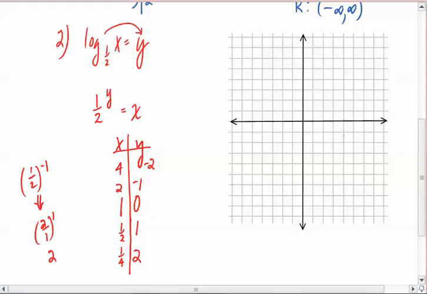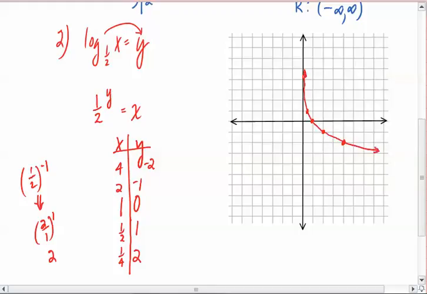Over 4, negative 2. Over 2, negative 1. Over 1, up or down 0. Over a 1/2, up 1, and over a fourth up 2. Here we go. So this is going to, again, have a domain.